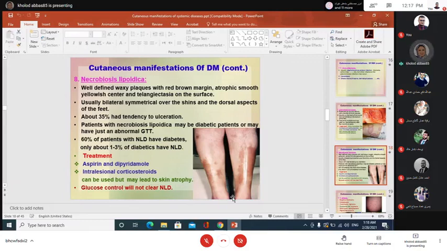But in diabetic patients, it's not a very common manifestation. It's just 1 to 3% of diabetic patients who can present with this problem.